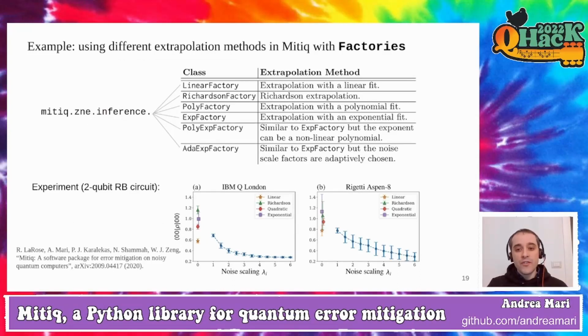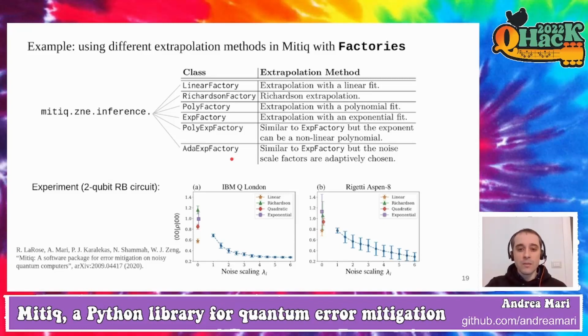How can you do the fit? How can you extrapolate to the zero noise limit? Also, in this case, there are a lot of possibilities. You could do a linear fit, a polynomial interpolation, polynomial fit, an exponential fit, and also adaptive strategies could be implemented in which you measure expectation values and you choose the next noise level depending on the result that you got.